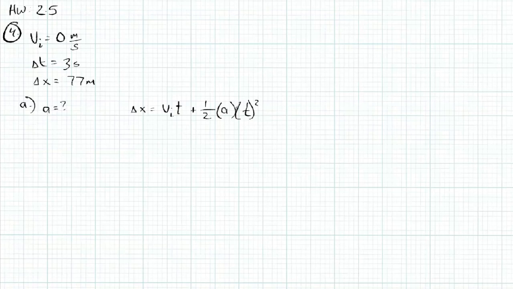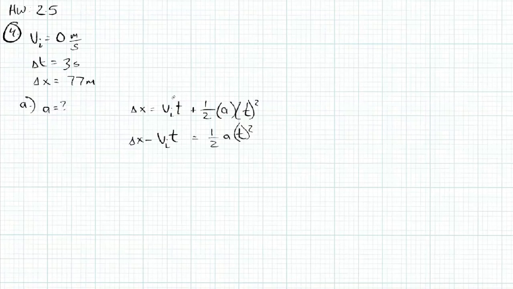Again, we want to solve for acceleration, so let's start moving some of these values around. We're going to subtract VI times time from both sides, so delta x minus VI times t is equal to 1/2 times A times t squared.